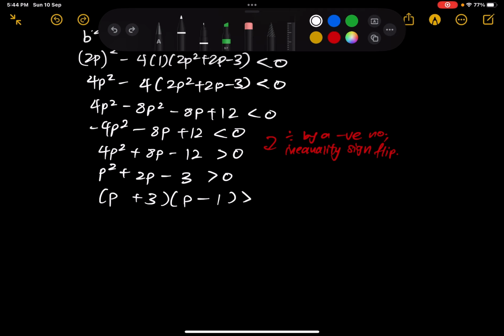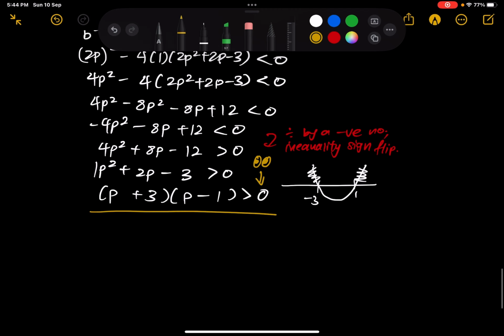Because this has a coefficient of 1, it's a happy face graph. Let's put your points: -3 and 1. Because it's more than 0, remember to always look at the sign here. If you look at the above, it's wrong already, so you must look at the final one.